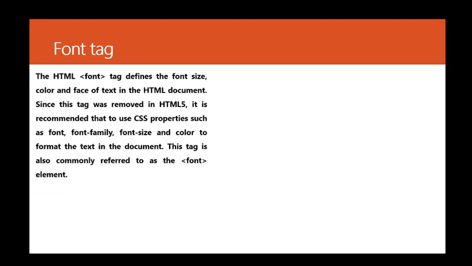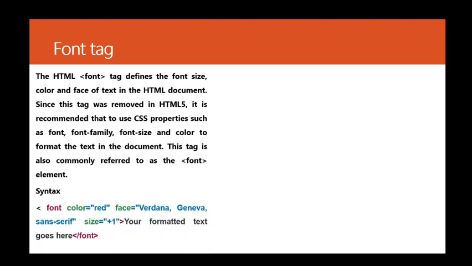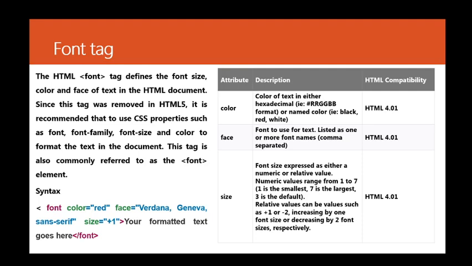Then we discussed one of the very important HTML tags, that is font, and its attributes like color, size and face. Now in today's class we will be discussing a very important topic related to tags.